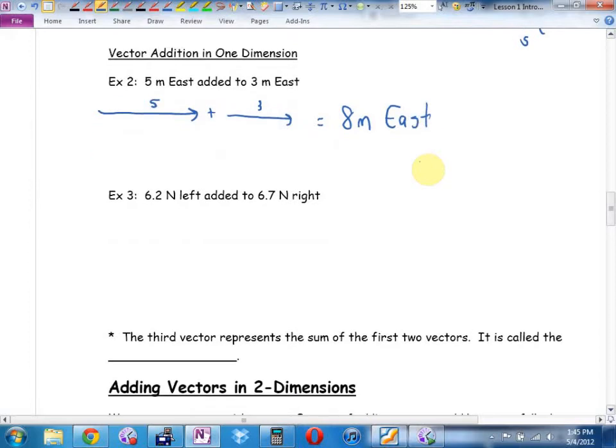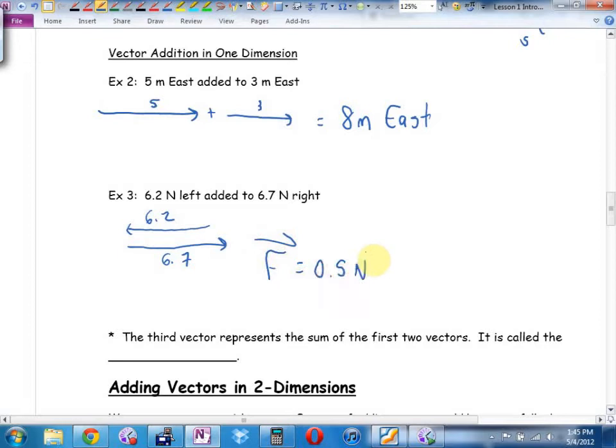And in fact, you're even okay on example 3. If I have a force of 6.2 newtons to the left, and I combine it with a force of 6.7 newtons to the right, what's my resultant force? 0.5 newtons.